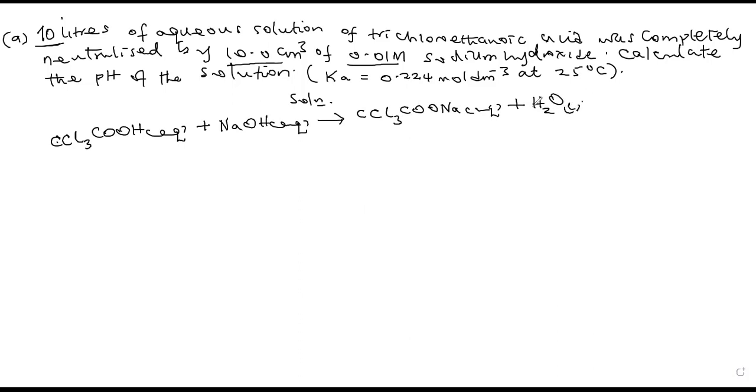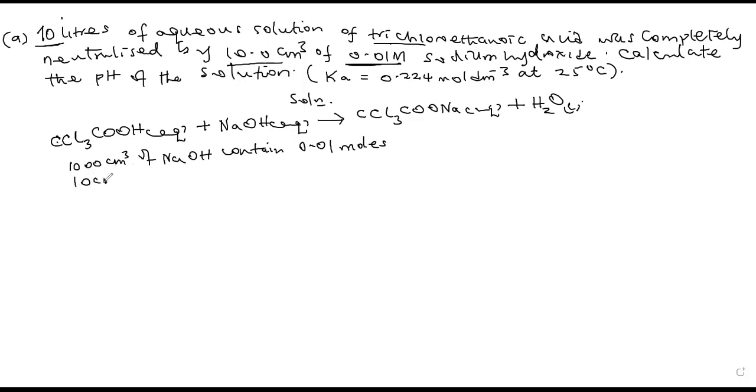Now, remember, they have told us that 10 liters of aqueous solution of trichloroethanoic acid was neutralized by 10 cubic centimeters of 0.01 molar sodium hydroxide. So we need to first get moles of sodium hydroxide. As we are given moles in 1,000 cubic centimeters, 1,000 cubic centimeters of sodium hydroxide contain 0.01 moles. What about 10?